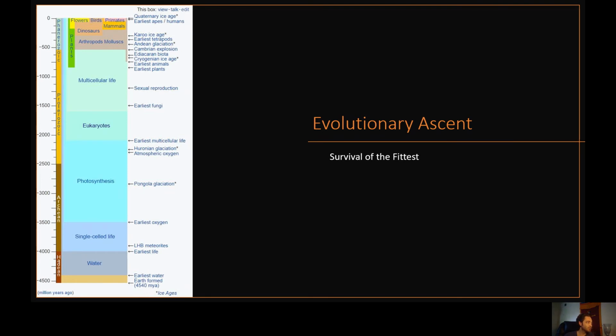So then we're going to see the rise of fungi, the rise of sexual reproduction, which happened before we split into plants and animals. With sexual reproduction, we see the beginning of extreme variability and variation.